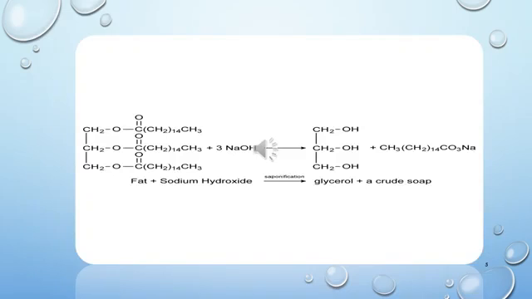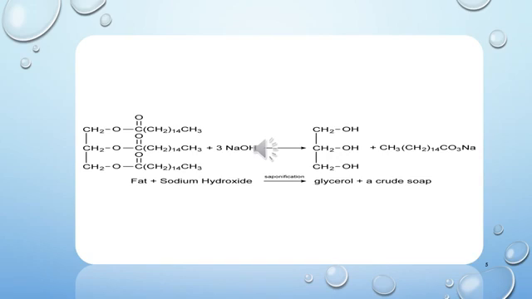Dear students, as I have said, saponification is a process in which there is the hydrolysis of ester in the presence of base. Now I want to add some more words in my definition, which are: saponification is a process in which there is the hydrolysis of ester in the presence of base, which will give you glycerol and crude soap.